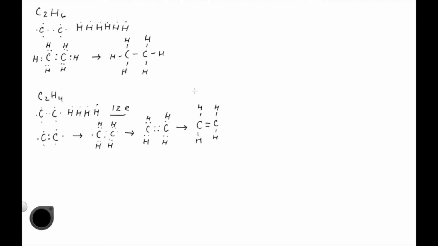So this is going to be the shorthand for our Lewis structure. Now, if we wanted to be a little more accurate, we can make the overall geometry of this molecule look like this.